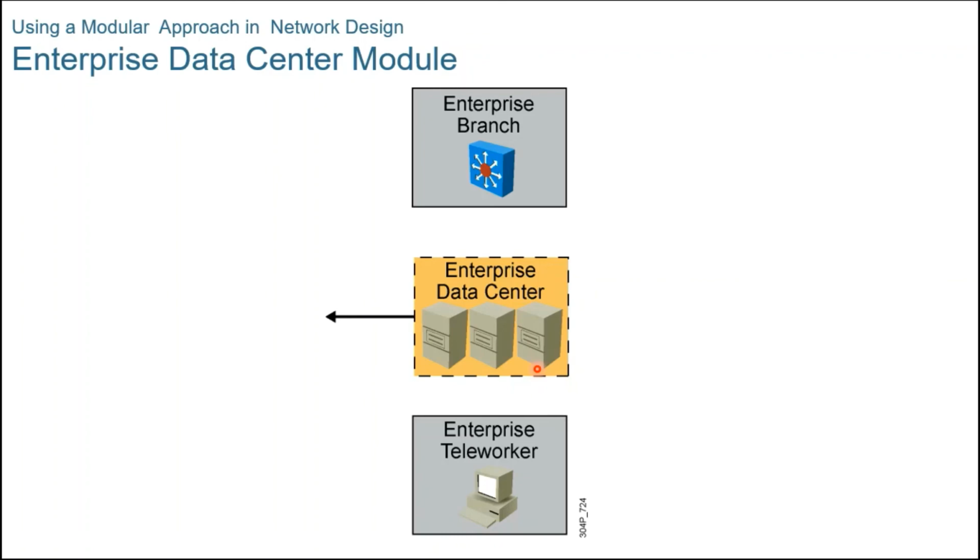The enterprise data center module may include the following components. You'll have something like the network infrastructure layer, the interactive service layer, and the management layer. Take note that at the network infrastructure layer, there are gigabit Ethernet, 10G, or InfiniBand connections with storage switching and optical transport devices.